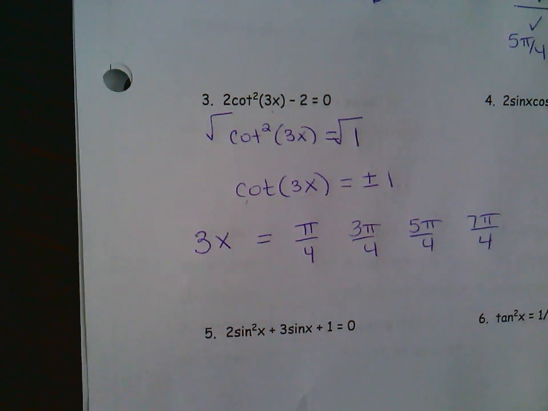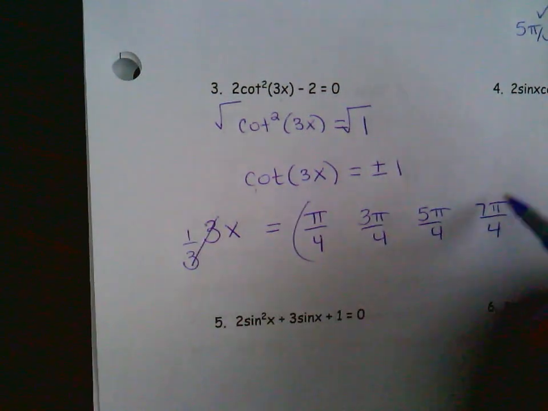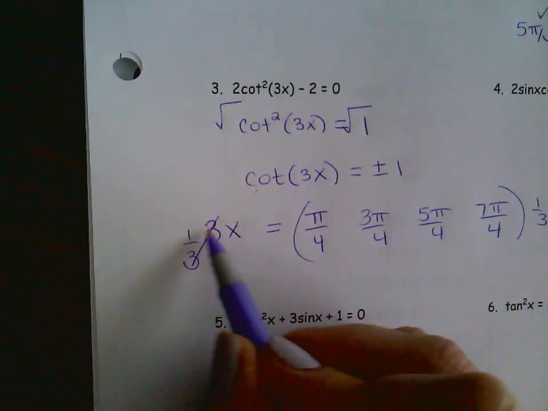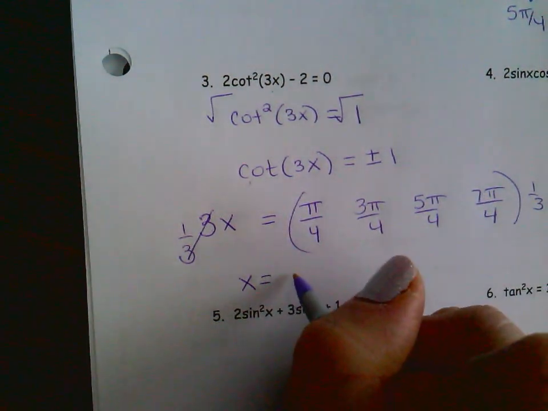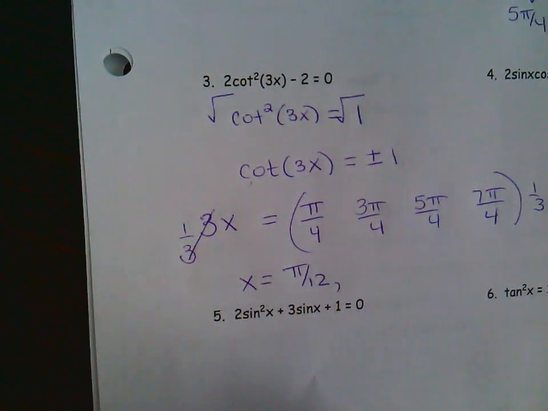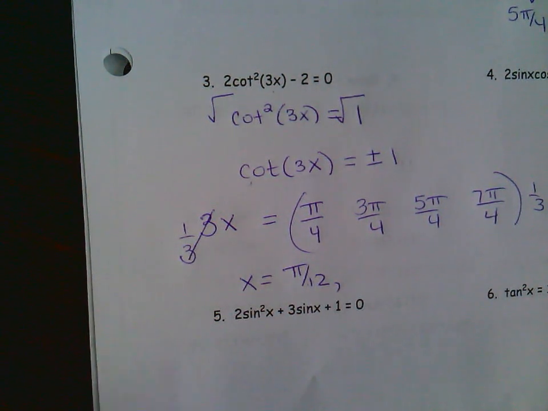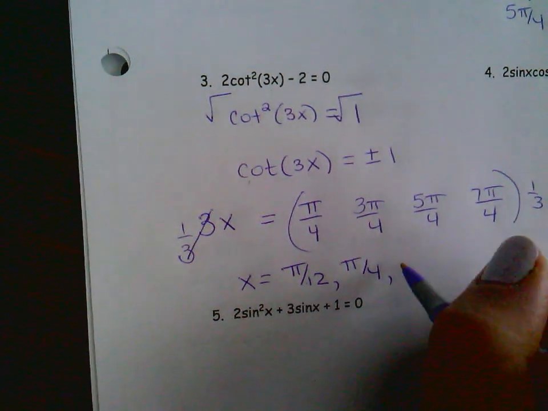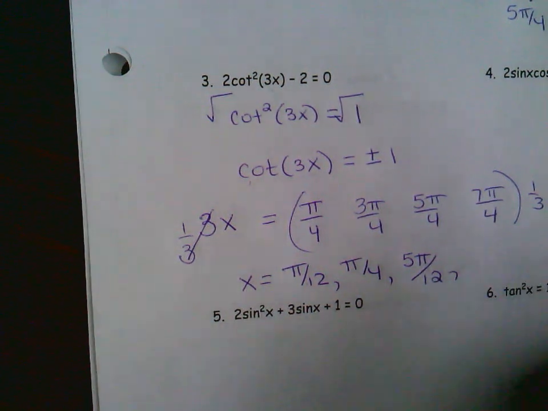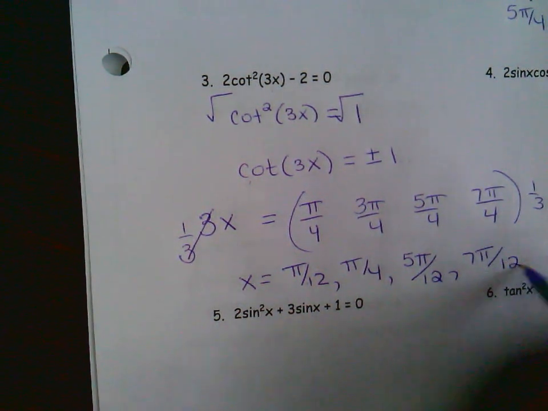So when I go through, I'm really multiplying by 1/3 on each of these to get rid of the 3x over here. So what would I get over here? I would get pi over 12, because 3 times pi over 12 gives me back my pi over 4. I would get pi over 4. I would get 5 pi over 12 and 7 pi over 12.